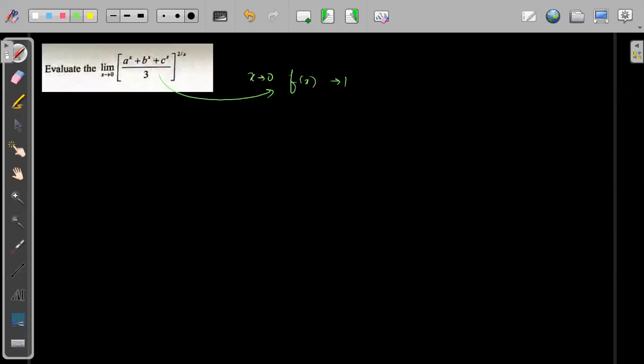And as x tends to 0, let's take this as g of x, g of x tends to infinity, but we can write 1 upon g of x. Okay, so just try to solve this using the same concept which I've just told. This question came in exam also, so I think the answer you must be knowing, but let's see if you can find.